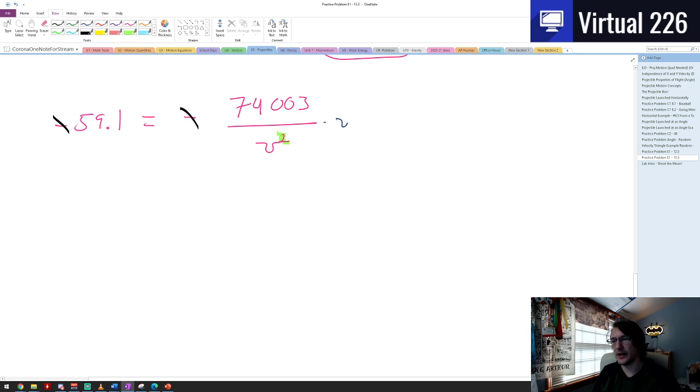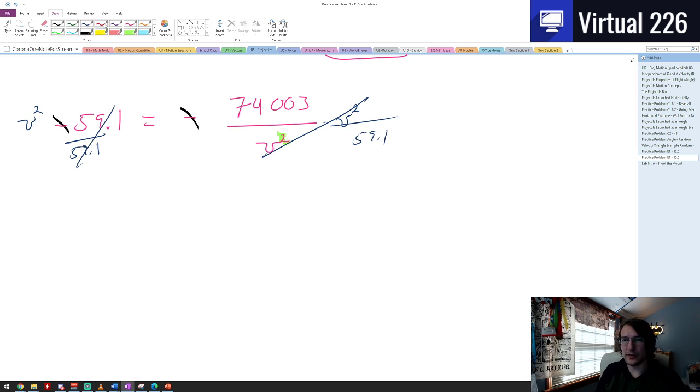So I could multiply by v squared on each side and then divide by 59.1 on each side. So that will give me that v squared equals whatever 74,003 divided by 59.1 is. And what does that equal? It gives me about 1252.